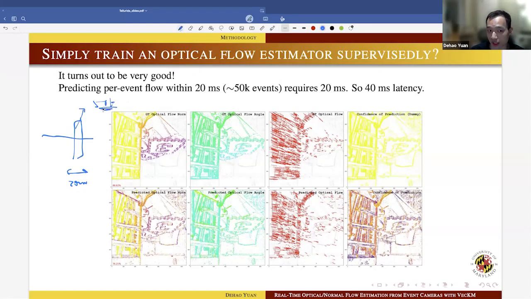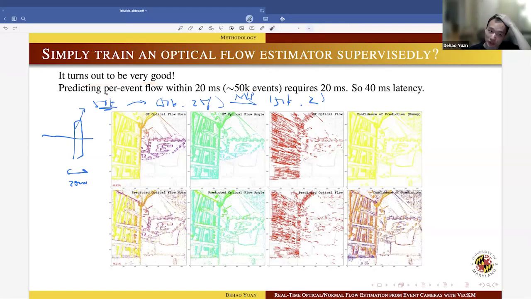You just input these 50,000 events to the backbone, and it gives you a 50K by, for example, 256 feature. Then you pass it to a multi-layer perceptron, which gives you 50K by 2, the predicted optical flow. We just train it end-to-end supervisedly, a very simple pipeline, and it turns out to be very good.